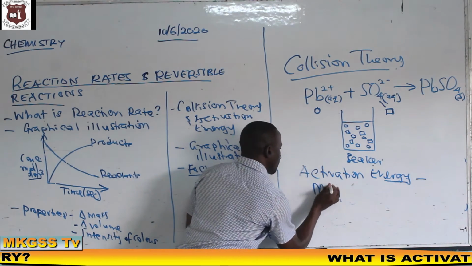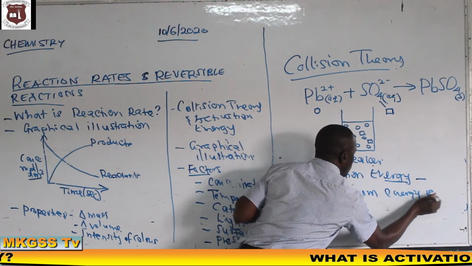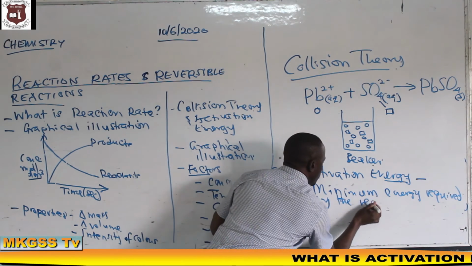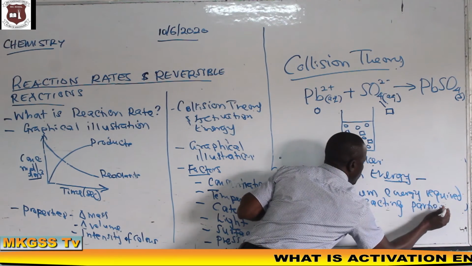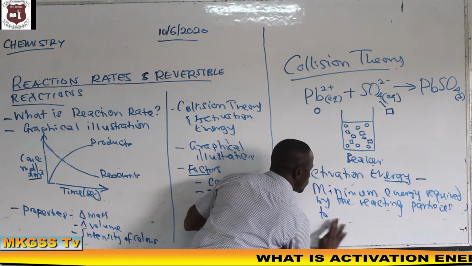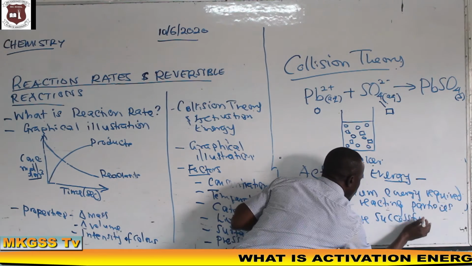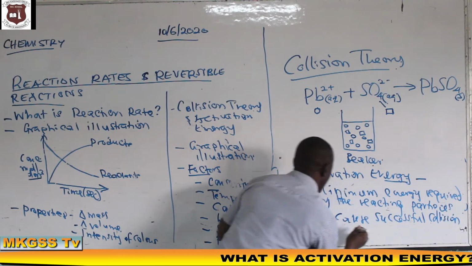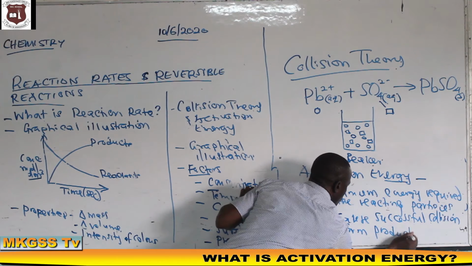So it is the minimum energy required by the reacting particles to collide, to cause successful collision to form products.